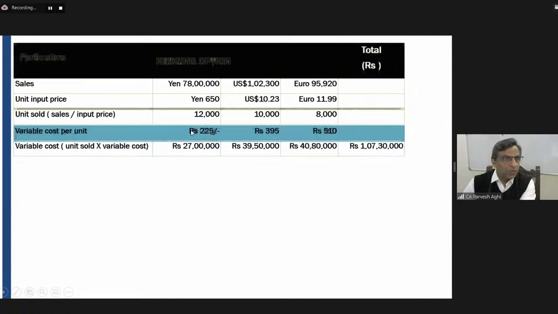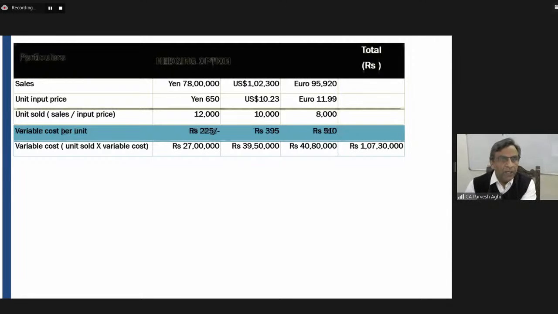Now the variable cost, which has already been given in the question, is 225 rupees per unit for yen. So we can just multiply the variable cost by the units sold and arrive at the total variable cost. It is 27 lakhs in the case of Japanese yen, which is exporting to Japan. Then the variable cost is 395 rupees per unit into 10,000 units, so it comes to 39 lakhs 50,000.